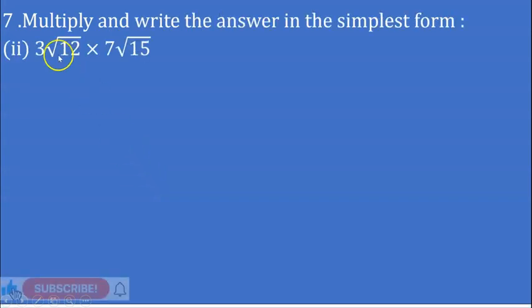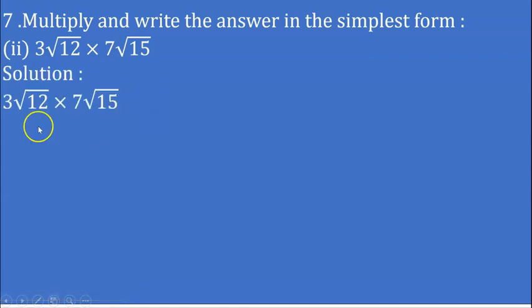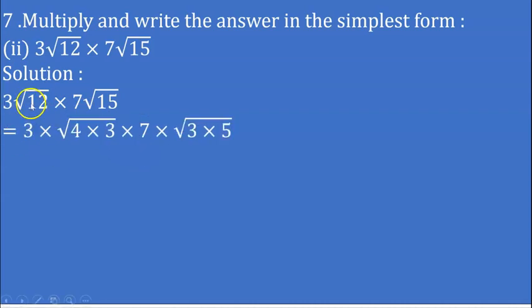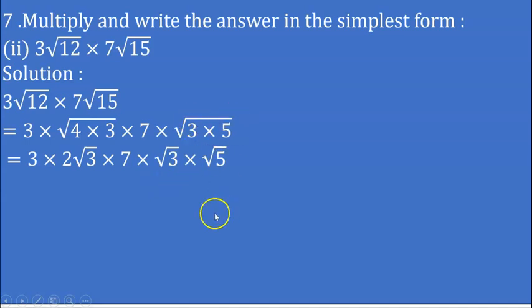Next example. 3 root 12 into 7 root of 15. Now again, 3 root 12 into 7 root of 15. Root of 12 can be written as root of 4 into 3, and 7 into root of 15 means root of 3 into 5. Next, root of 4 is 2, therefore 3 into 2 into root 3 into 7 into root 3 into root 5.